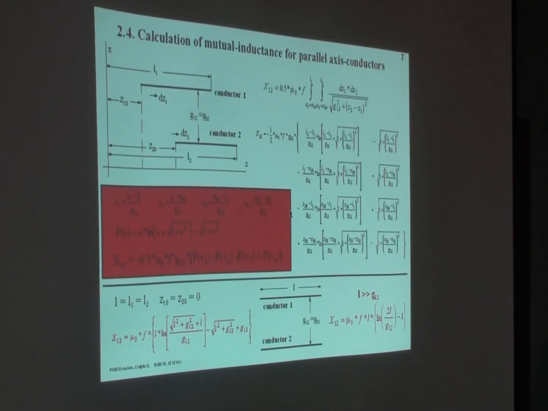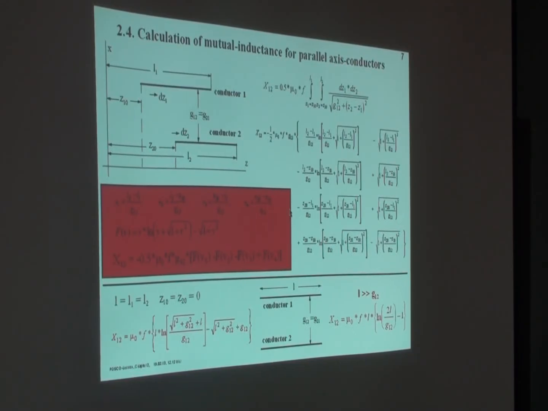now we have these values, and we can put in x1,2 is minus 0.5 times 1.257 exponent minus 6 per meter, and we have 50 cycles per second, seconds to the minus 1, times F1 minus F6 minus 3 is minus 1 and plus 0.